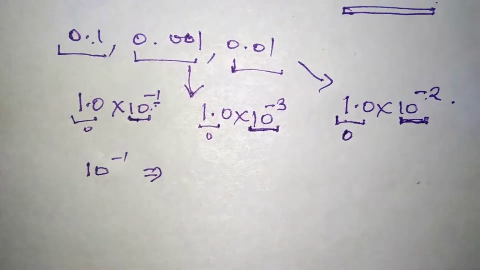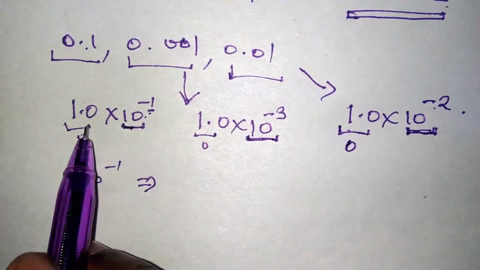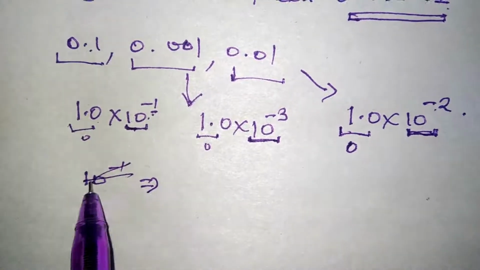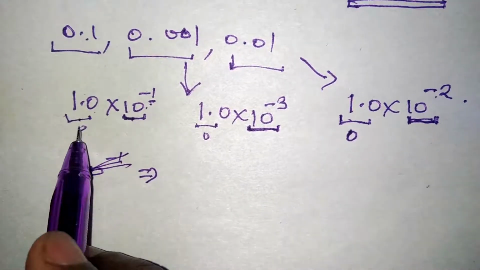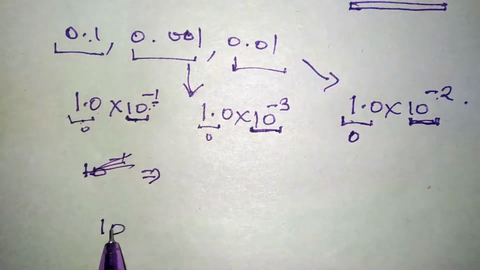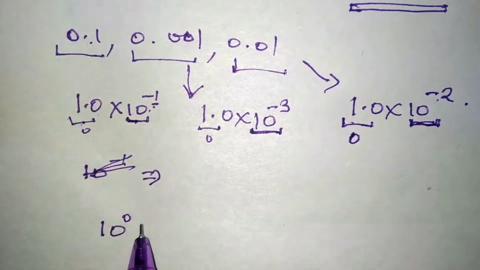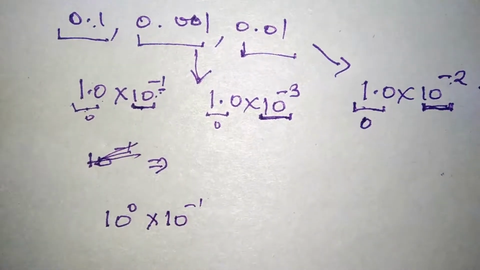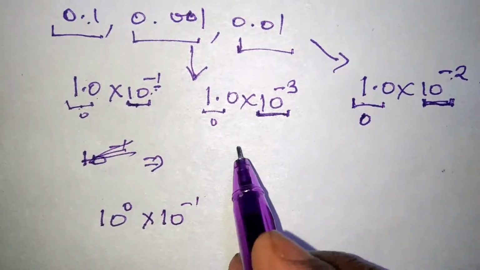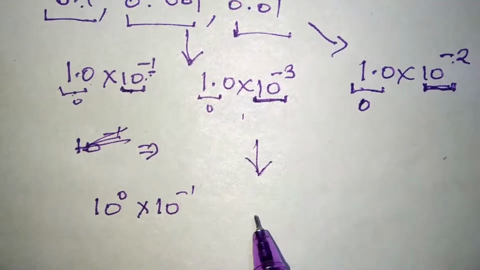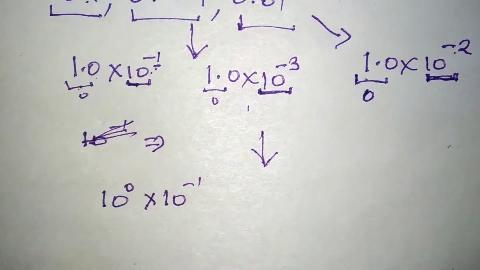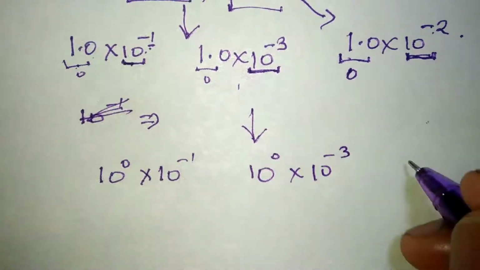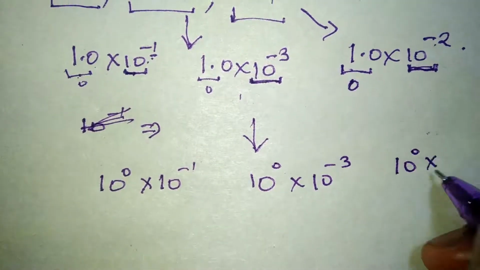Now, I want you to note that if we have to express these numbers in log form, then what we need to remember is that this one can be written as 10 raised to 0. We are multiplying by 10 raised to negative 1. Again, this other one, we are simply writing 10 raised to 0 times 10 raised to negative 3, and this one 10 raised to 0 times 10 raised to negative 2.